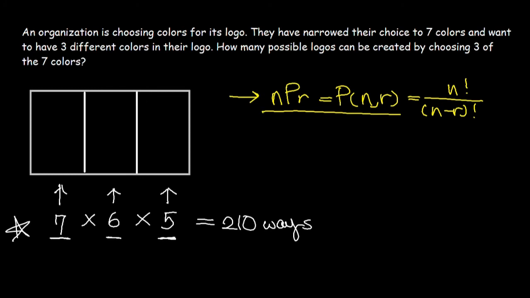Here, this n is the number of things that are in total, and this r is how many things you're going to take. I'm going to put total here.